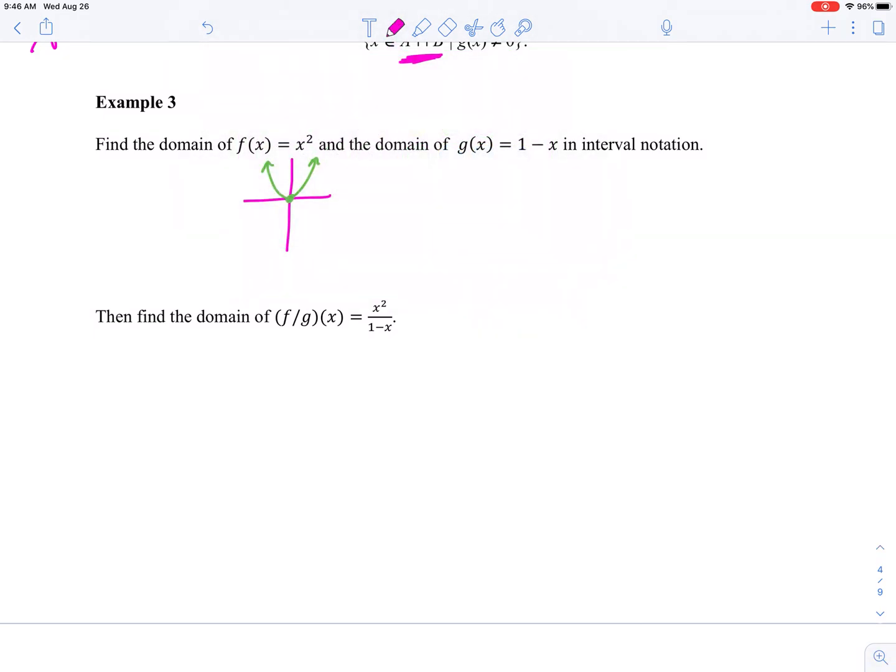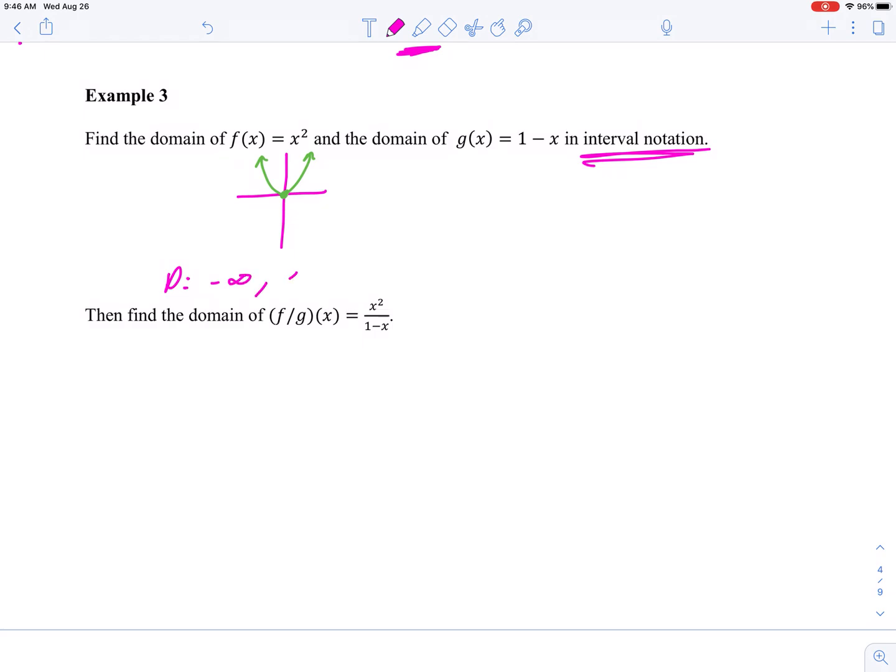So the domain, this should be second nature by now, the domain of any up or down facing parabola is always all real numbers. But again, we're following directions, interval notation. Remember, with infinity and negative infinity, you always, 100%, always use parentheses in your interval notation.